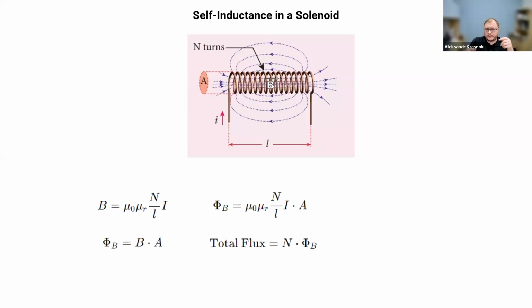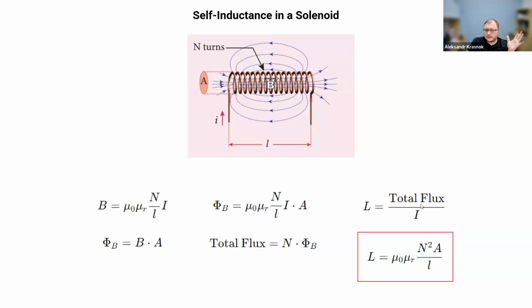And the total flux through all these turns will be multiplied by N, right? So I need to take this flux through a single turn and multiply by the total number of turns to get the total flux. So you see that this factor of the number of turns comes into this calculation twice. And this is an important fact.